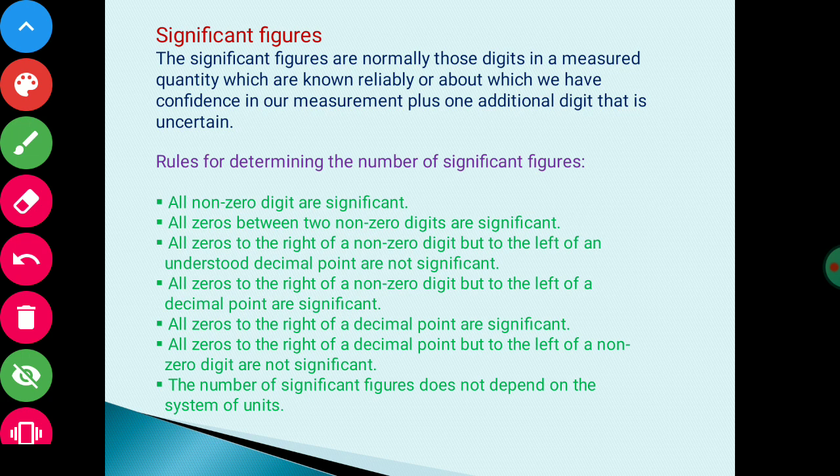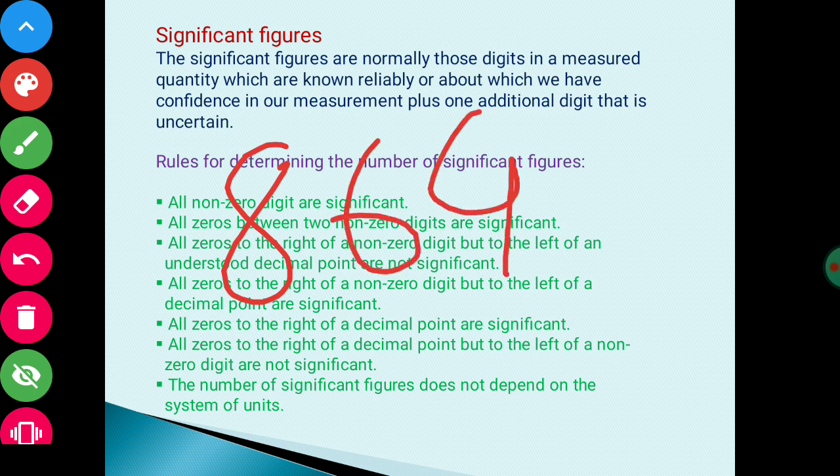Now the third rule. All zeros to the right of a non-zero digit but to the left of an understood decimal point are not significant. For example, 86,400.